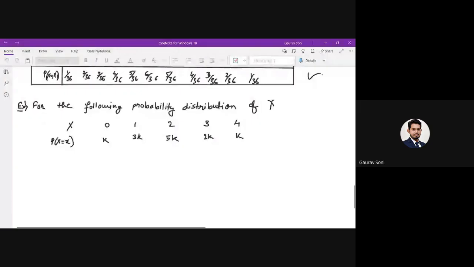Value of k is 1 by 23. First one, find the value of k.